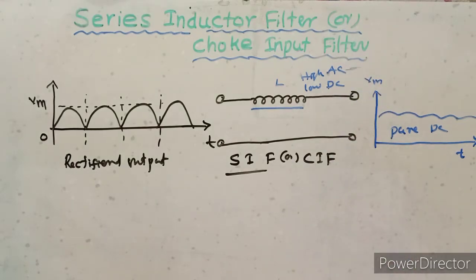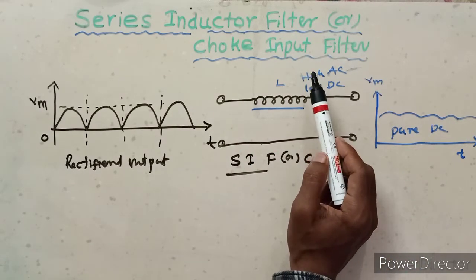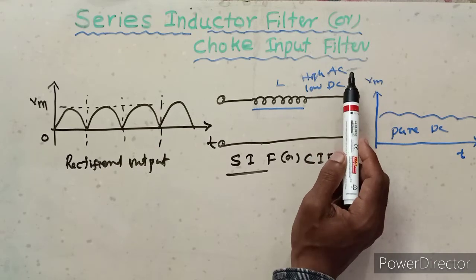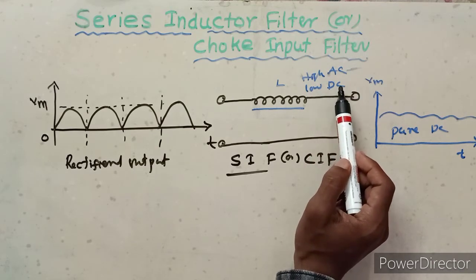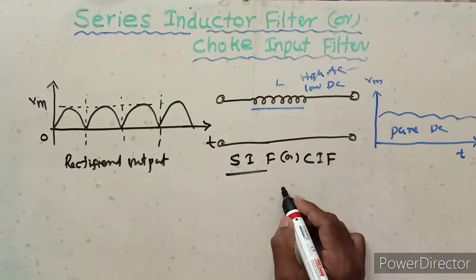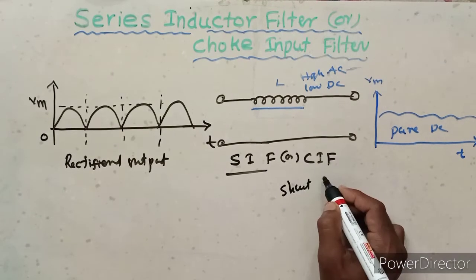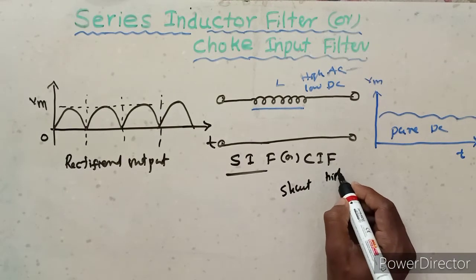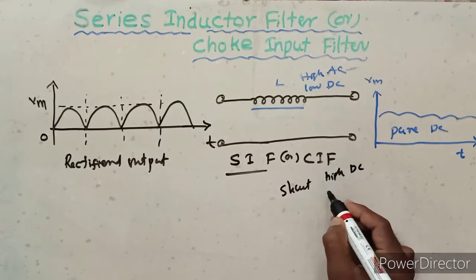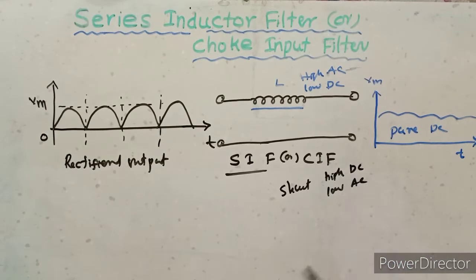In the same way, the shunt inductor filter has high reactance for the DC, low reactance for the AC. In the shunt, high for the DC, low for the AC.